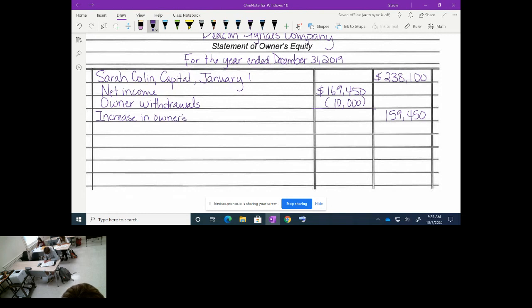Because net income is going to increase owner's equity. Withdrawals decrease it. So if you have more net income than you have withdrawals, then you're going to have a net increase to owner's equity. So add the two together, and that will give us her equity at the end of the year.